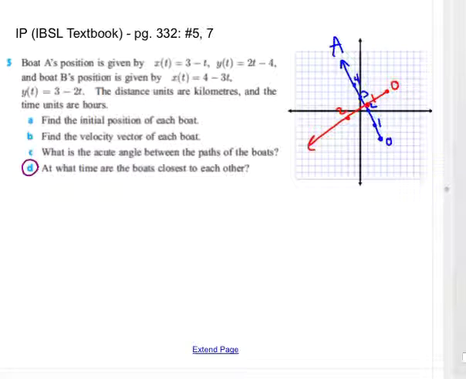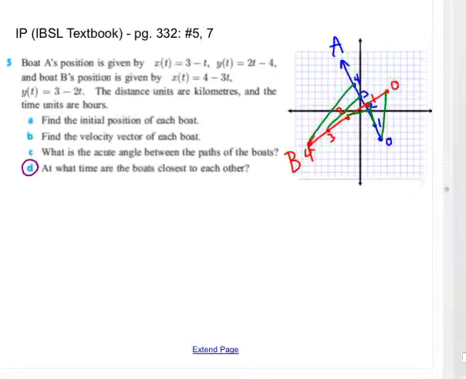Their times matter. Look, here's their distance apart when time is 0. Here's the distance apart when time is 1. Here's the distance apart when time is 2. And if we went another 1, 2, 3, 1, 2, here's when t equals 3 and t equals 4, for boat B. So you have this distance apart and this distance apart.